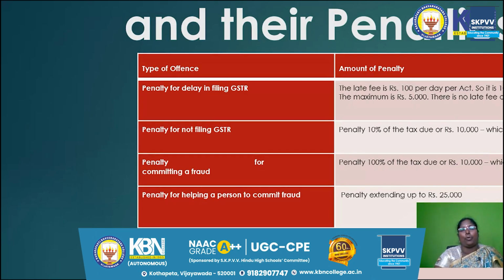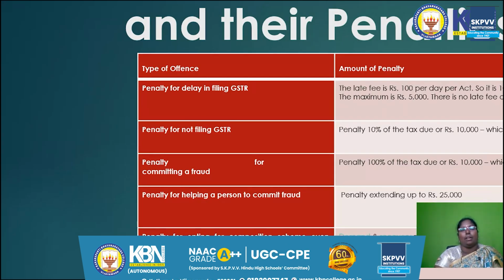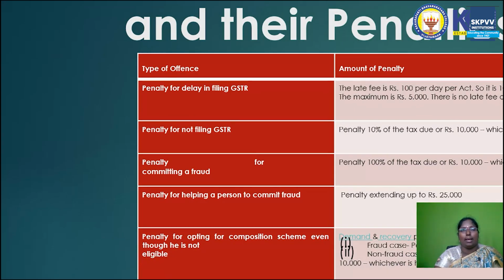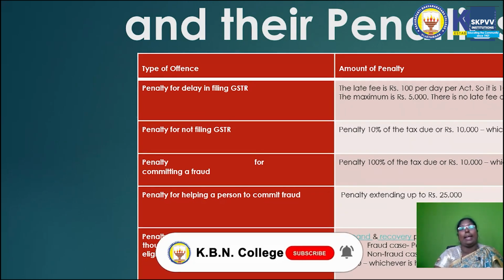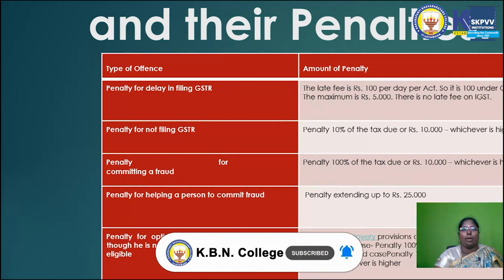If it is proved, you need to pay 100% of the tax or a maximum of 10,000. Here the tax value is 15,000, which is higher. Now I am paying the government the normal 15,000 and an extra penalty of 15,000.